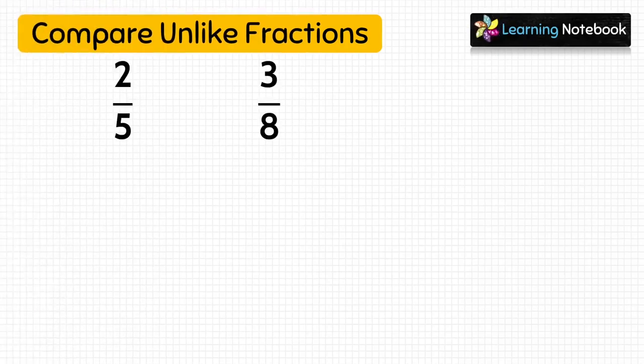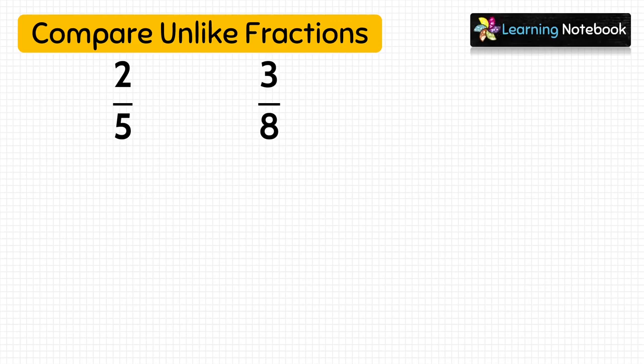Let's compare two unlike fractions, 2 by 5 and 3 by 8. Since these are unlike fractions, their denominators are different. So we cannot just compare the numerators. Instead, we will use cross multiplication technique. So students, look here carefully.